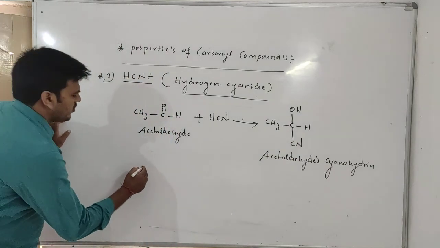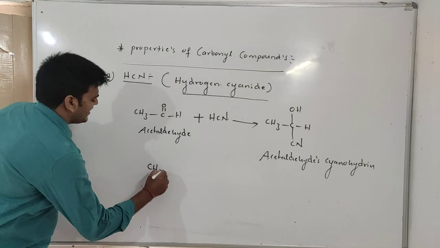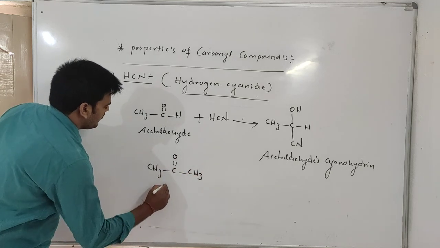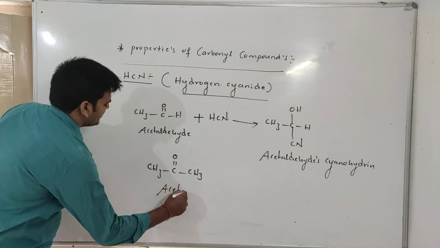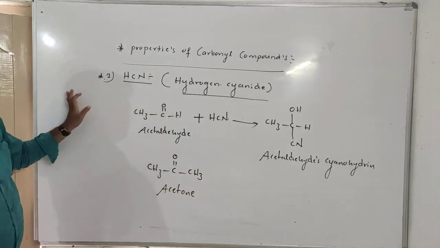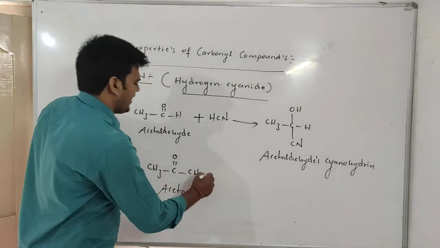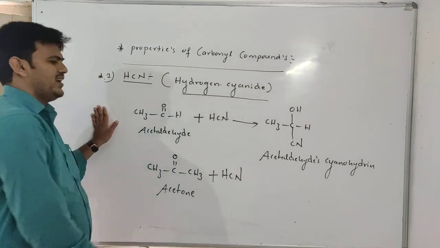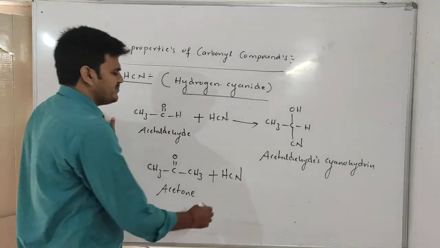For example, acetone formula CH3C double bond O CH3. One of the carbonyl compounds, that is acetone. Formula CH3C double bond O CH3 plus same hydrogen cyanide formula HCN. Hydrogen cyanide. So very simple answer.